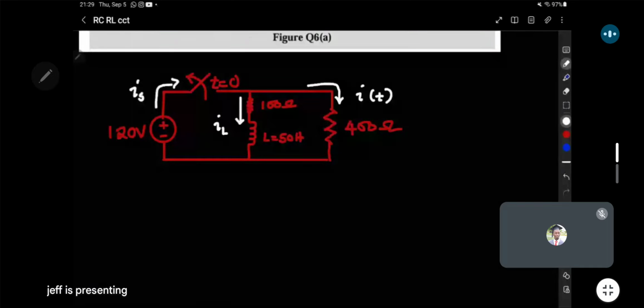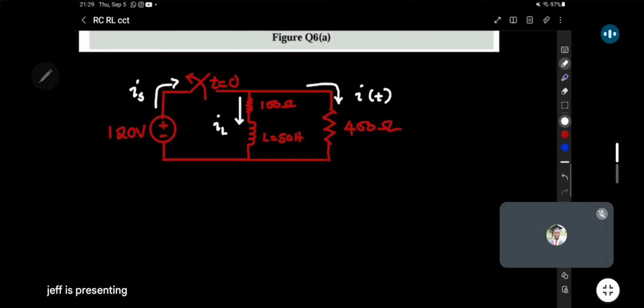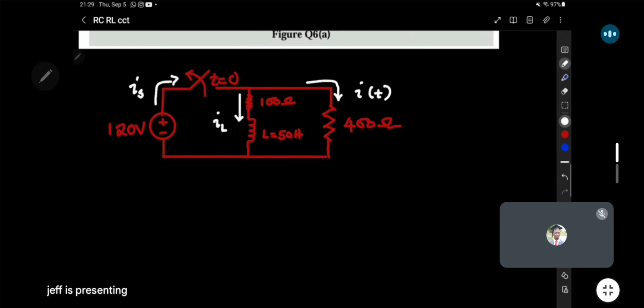Now, how does it go? So if you recall, for an inductor, we have the concept of the natural response. When this switch is opened, we're going to get the natural response only. And for the natural response, how does it look? We did derive this expression.